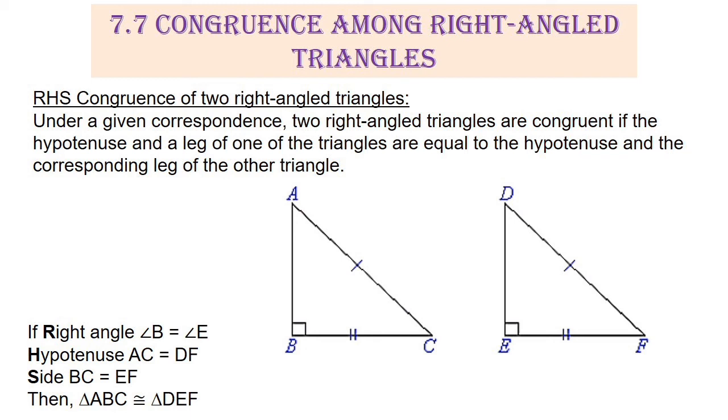In the given triangles ABC and DEF, if right angle B is equal to angle E, hypotenuse AC is equal to DF, and side BC is equal to EF, then we say that triangle ABC is congruent to triangle DEF.